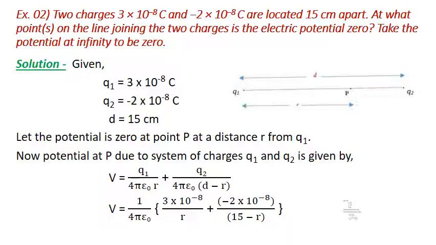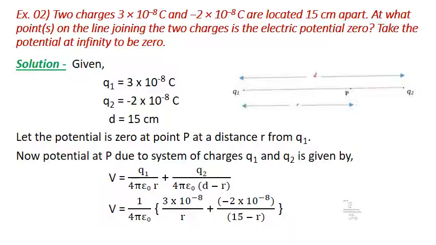We are considering that the potential is 0 at point P from the charge Q1 at a distance R. So, for potential to be 0 at point P, the sum of the potential due to both the charges at P should be equal to 0.